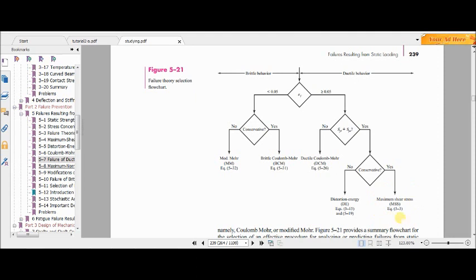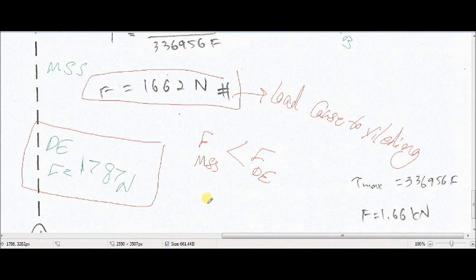The reason is that, as I showed earlier, the maximum shear stress theory is more conservative compared to distortion energy theory. That means it will predict the failure of the material earlier than distortion energy theory.